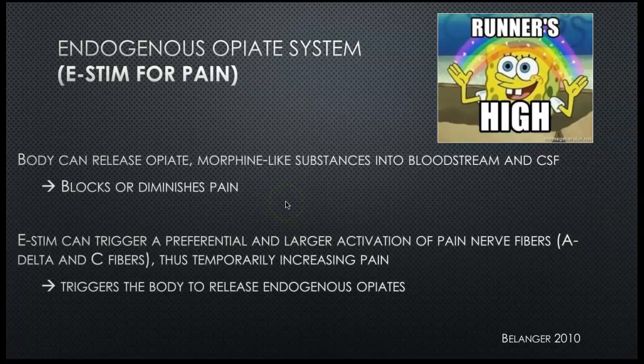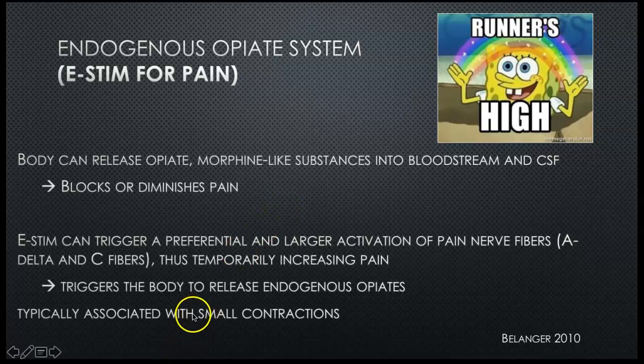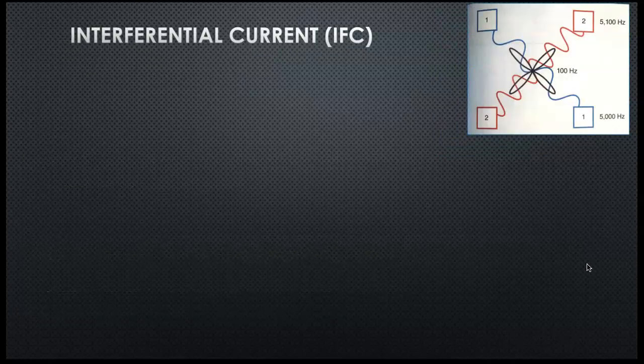E-stim for pain like TENS, if you turn it up high enough to give you a teeny tiny bit of small muscle contraction, is also thought to release some of these endogenous opiates, just like a runner's high. That muscle contraction helps release those opiates. So those are the two reasons: the gate theory and the endogenous opiate system.